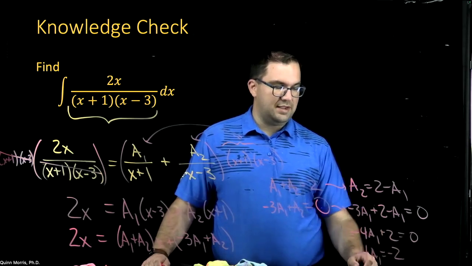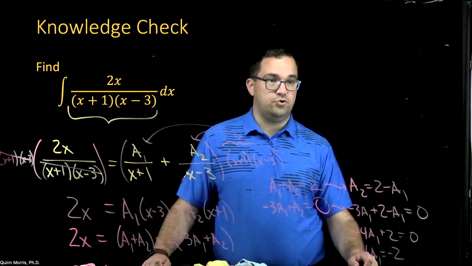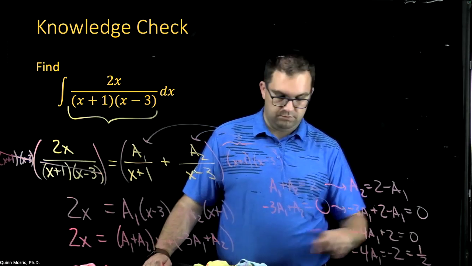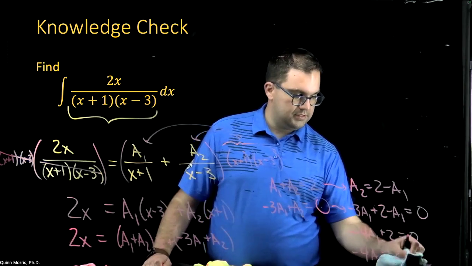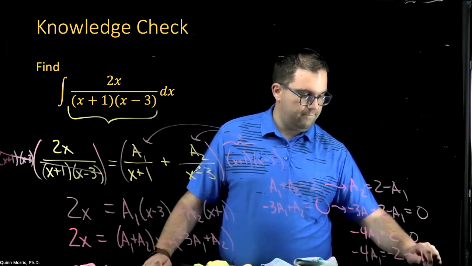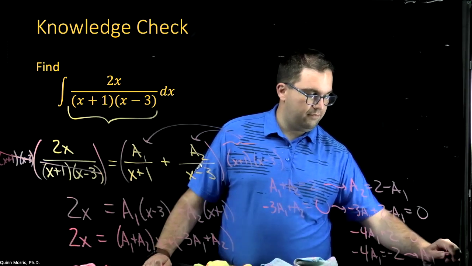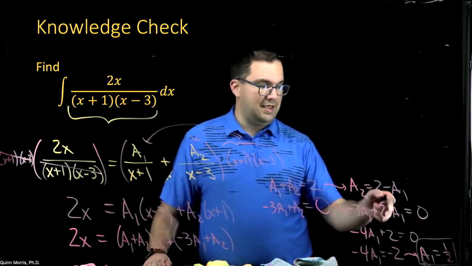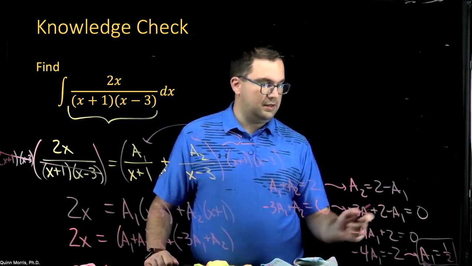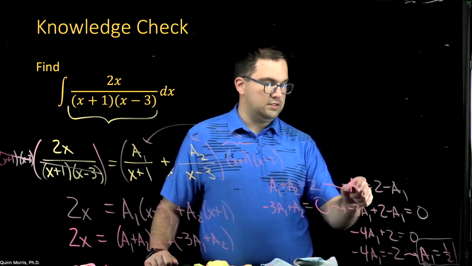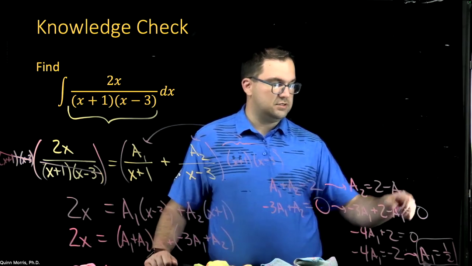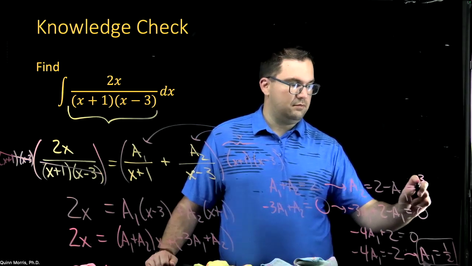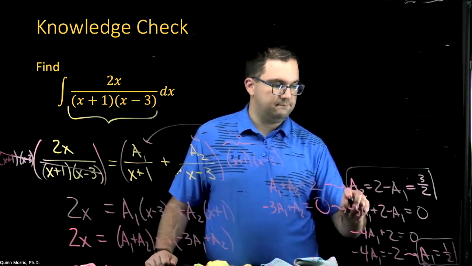And if I divide both sides by minus 4, I get A1 is minus 2 over minus 4, or 1/2. Oh, sorry, be careful there. That's not equal to minus 1/2. A1 is equal to 1/2. Now that I have my A1, I can come back up here and plug it in. So now my A2 is 2 minus A1, or 2 minus 1/2. That will end up being 3/2.